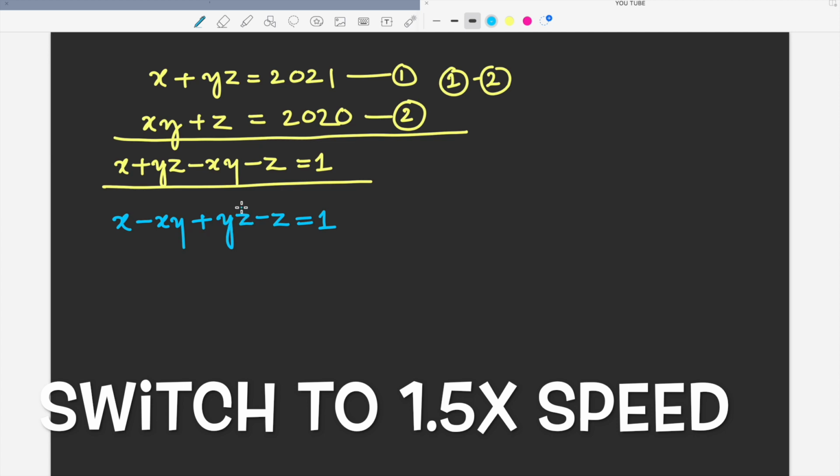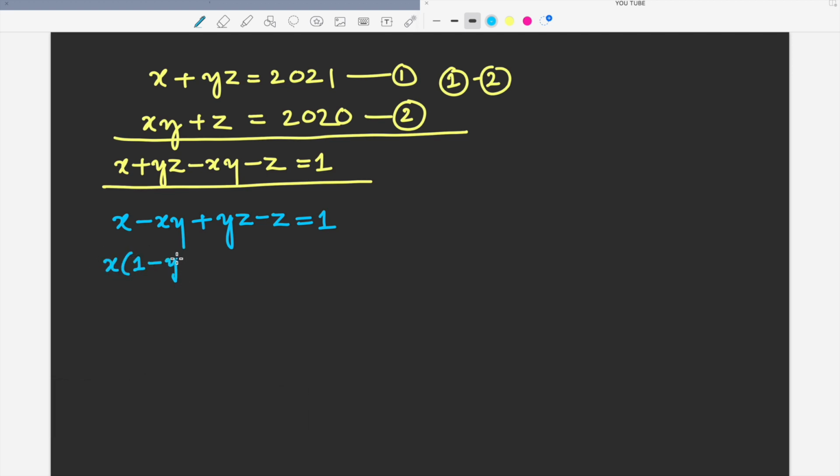In the second pair, z is common, so I can write z as common. So I'll take x as common. So it would be 1 minus y, plus, here z is common, y minus 1 equals 1. So this is the expression I got here.